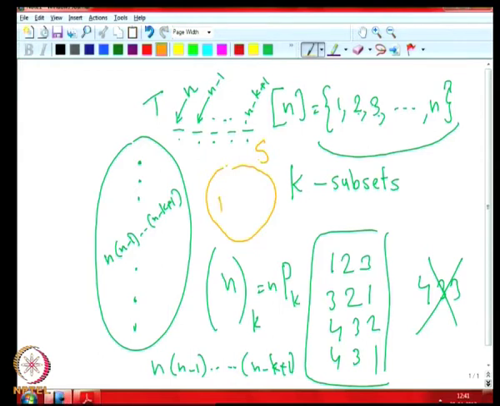The k element subsets of n. And we said we will construct a function from T to S such that it is a so called D to 1 function where D is equal to k factorial. This is what our plan is.